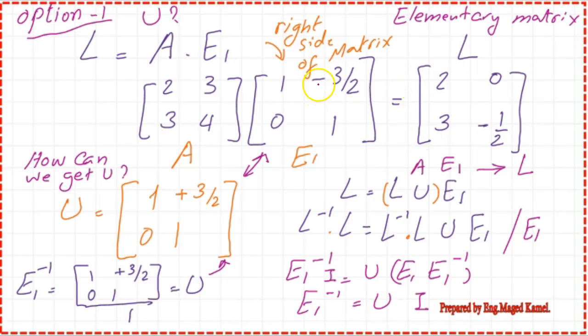We have 2, 3. And here is the same operation. We divide 3 over 2 multiplied by minus 1. This is the term. And we keep this element as 1. The 1, 0 column and this 2, 3 will remain the same. Due to the multiplication, we have here 0 and minus 1 over 2.